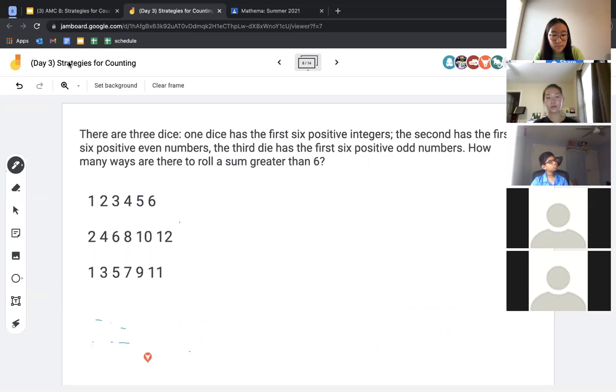So I think complementary counting is what you want to do here. Also, remember that 6 is not greater than 6.